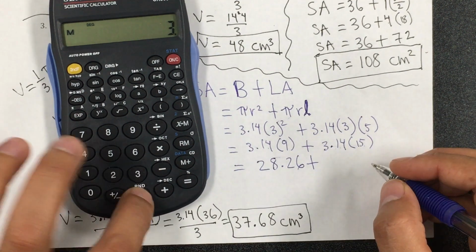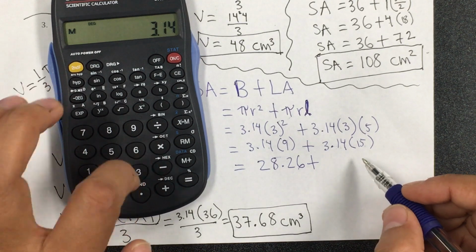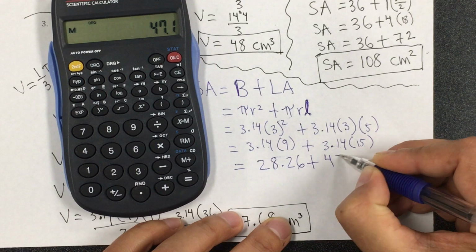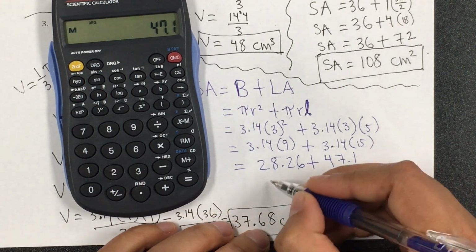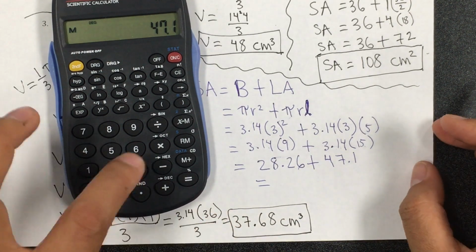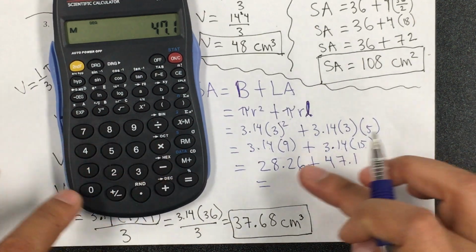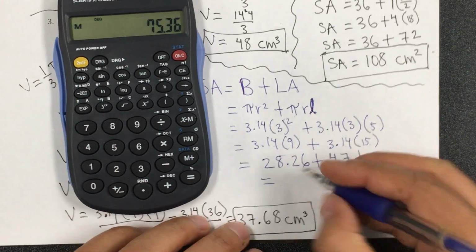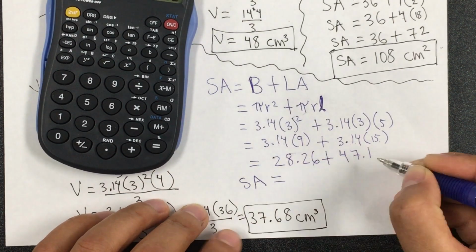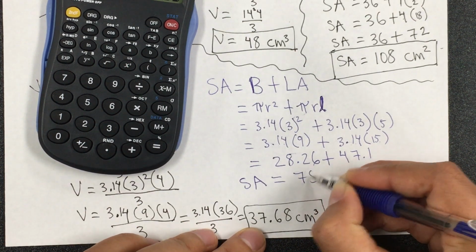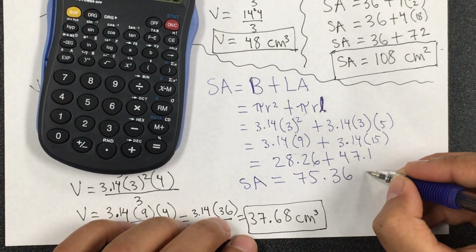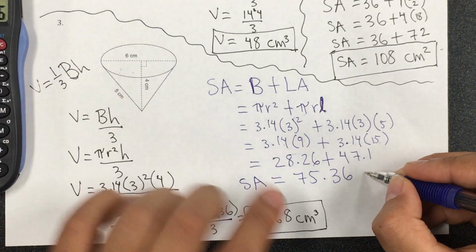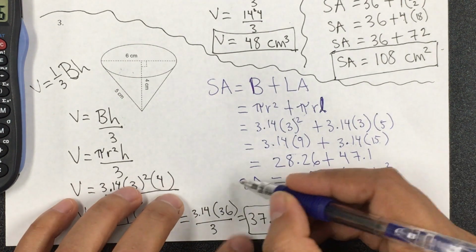So 3.14 times 15 is equal to 47.1. Finally, we add these two, so 47.1 plus 28.26, and the answer for the surface area is 75.36. Surface area is always squared, so square centimeters.